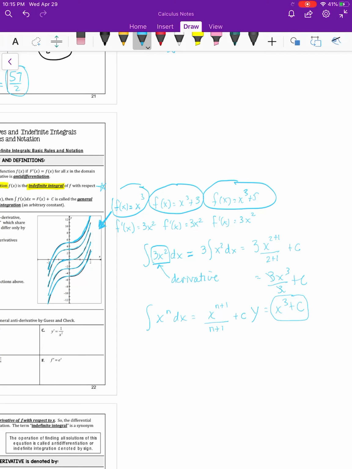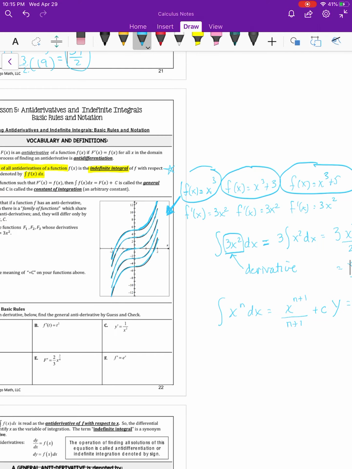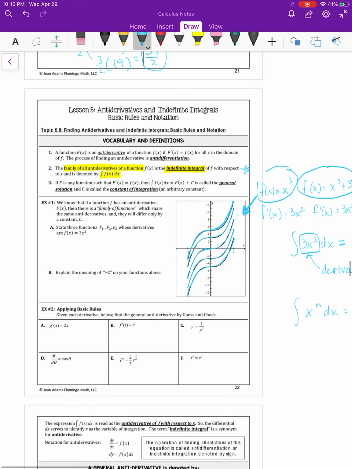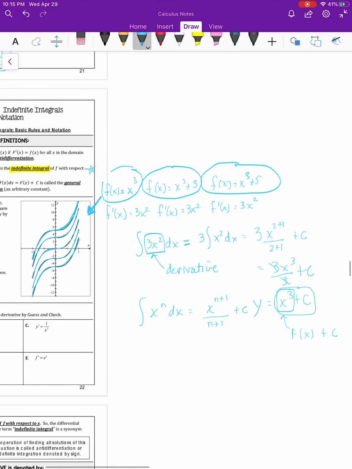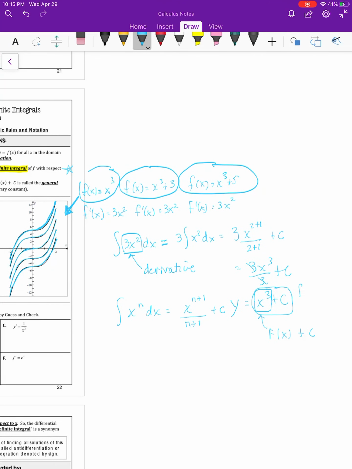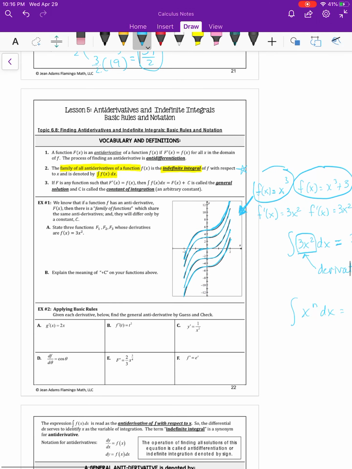They were calling this little f, and so they would be calling the answer to your integral big F, because they're saying that the answer would have been big F of x plus c. The reason why they put that c on there is because we don't know which one it is. That's why we call it a family of functions. So when you get the answer of x cubed plus c, that's considered a family of functions because we don't know what the c is.